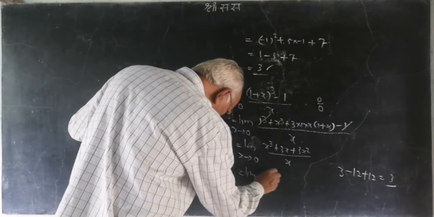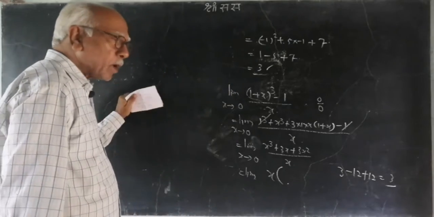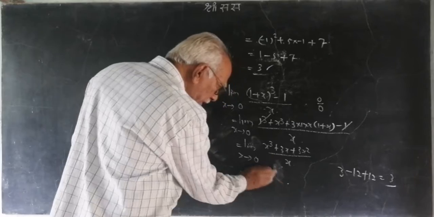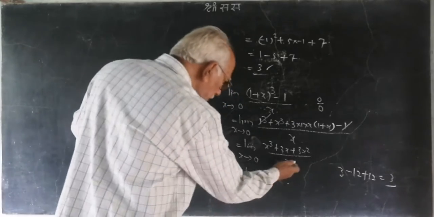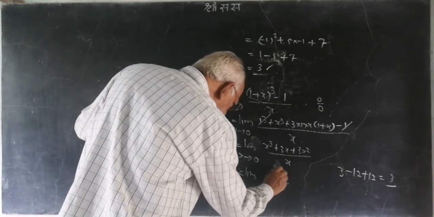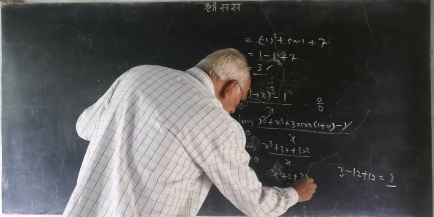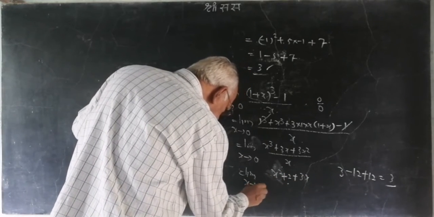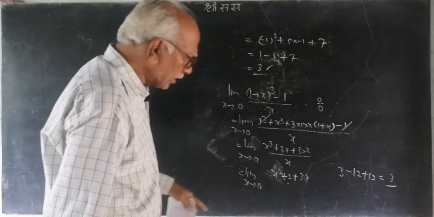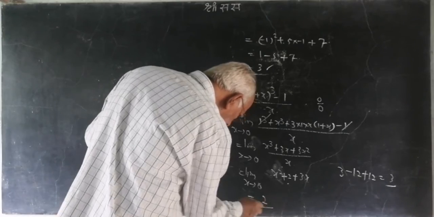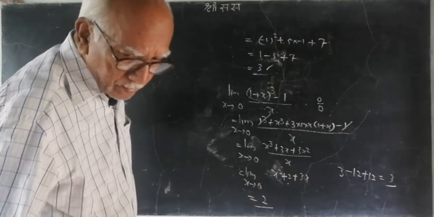Taking something common. We find x common, or you can say, dividing each term by x. So x cube divided by x is x square, and then this is plus 3x, as x tends to 0. So as x tends to 0, the terms vanish, and what will your answer be? 2. Our answer will be 2.